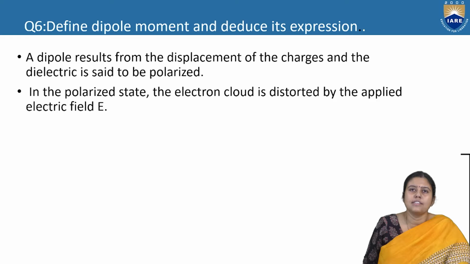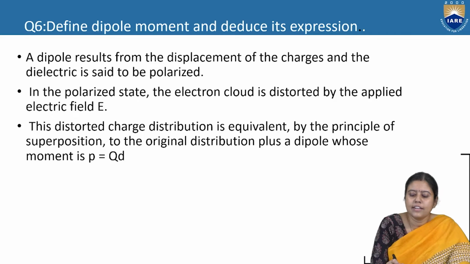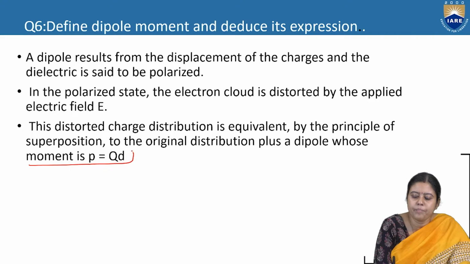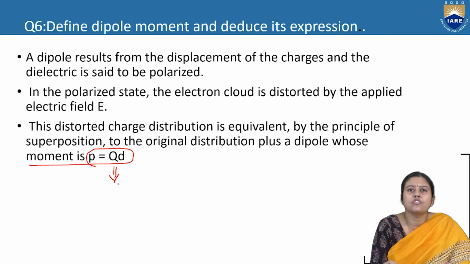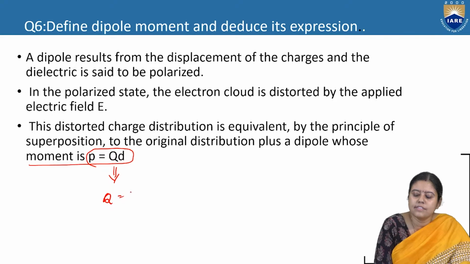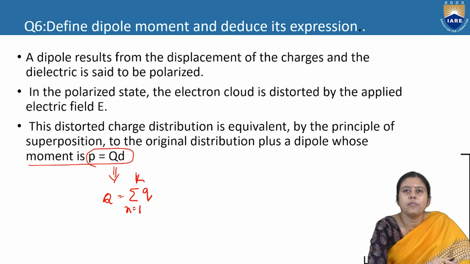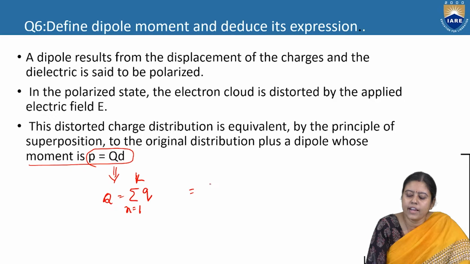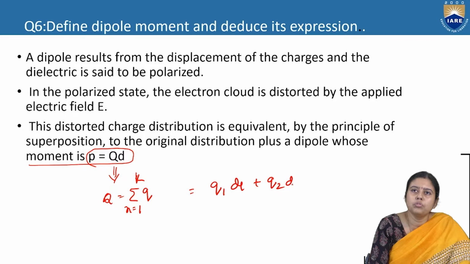In the polarized state, the cloud is distorted by the applied electric field, and the dipole moment is P equal to QD. Here Q is not a single charge; it is the summation of each charge, k from 1 to N. If there are many charges, we can write Q1 into D1 plus Q2 into D2 plus Q3 into D3.